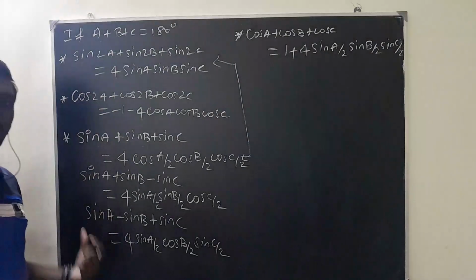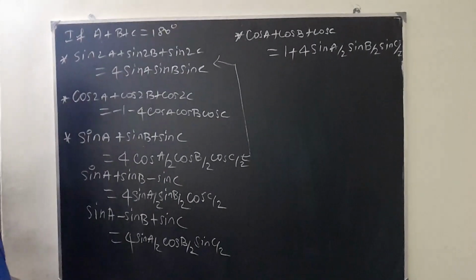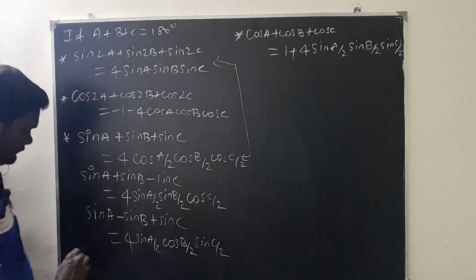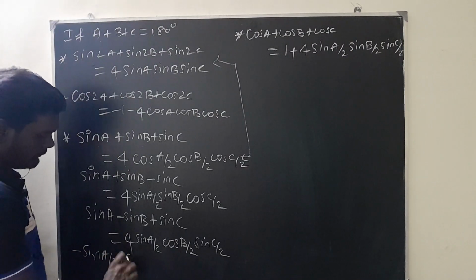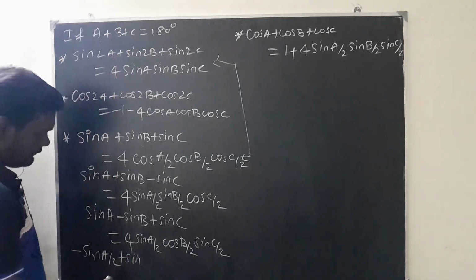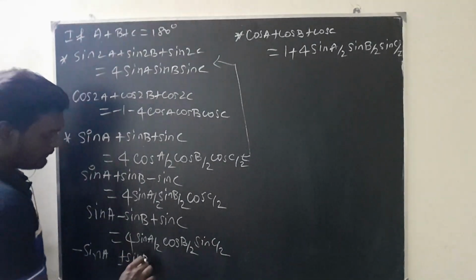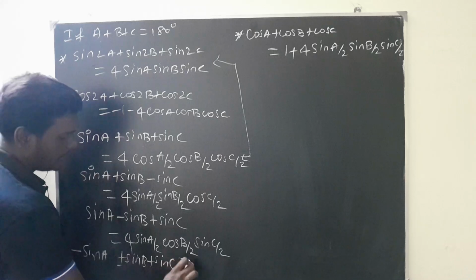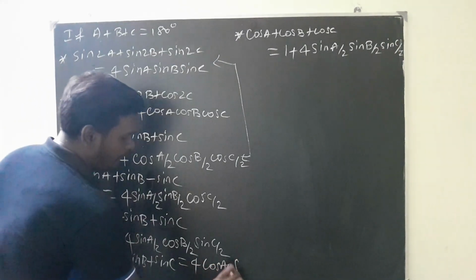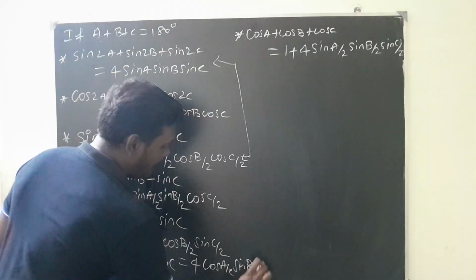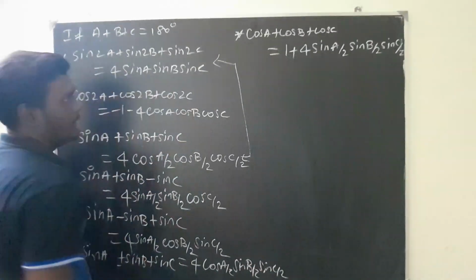Now what happens when A gets a negative sign? Minus sin A plus sin B plus sin C is 4 cos A by 2 sin B by 2 sin C by 2.